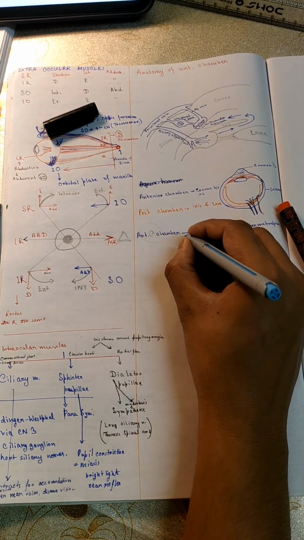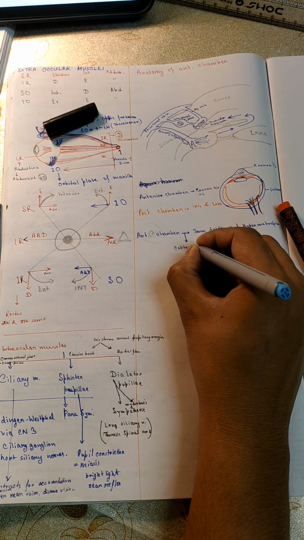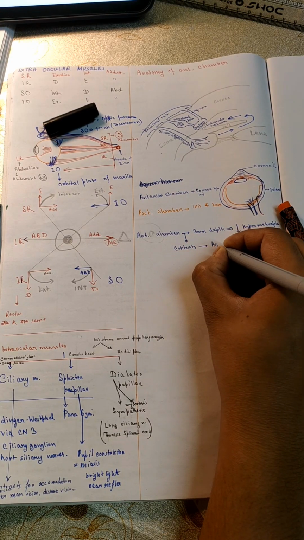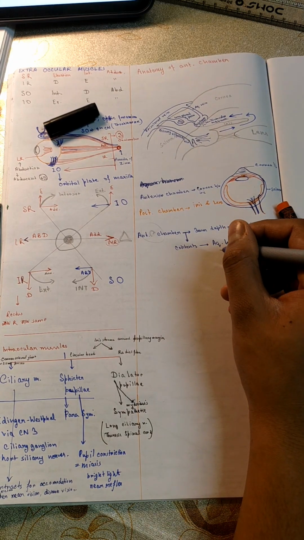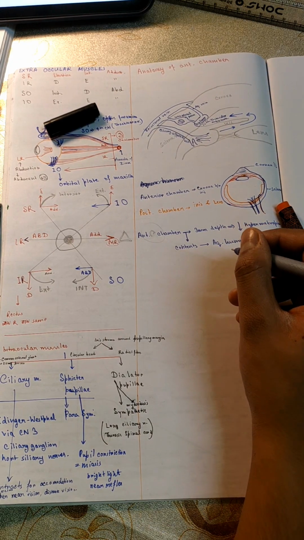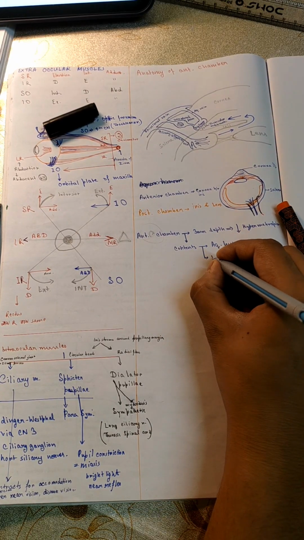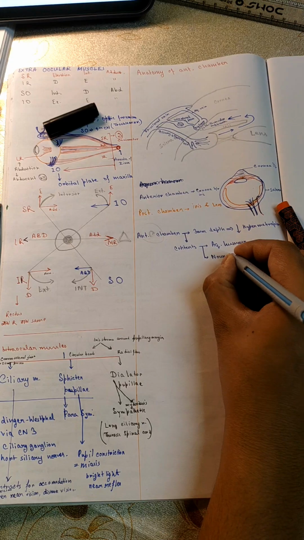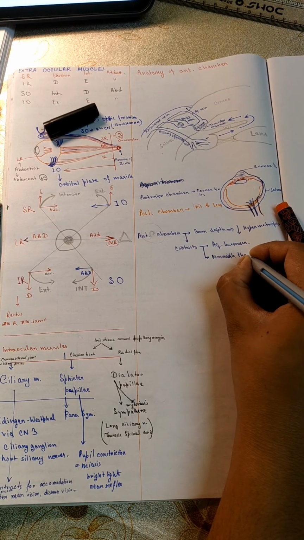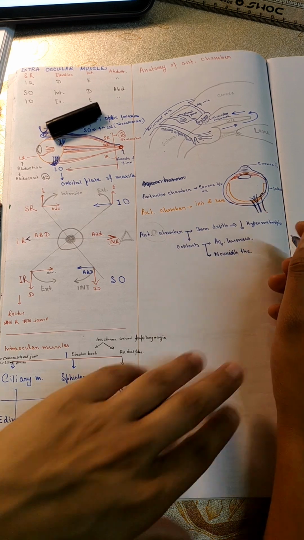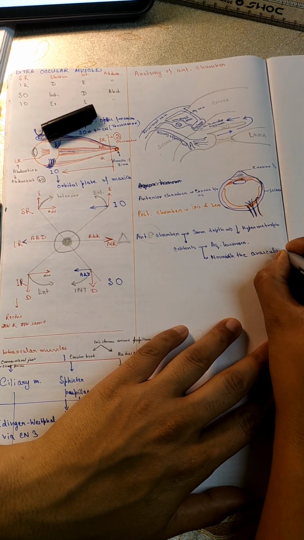Next, the contents are aqueous humor. What it helps in: nourish the avascular structure.